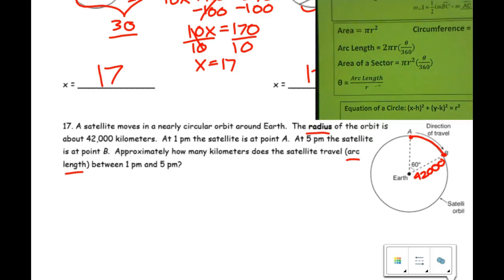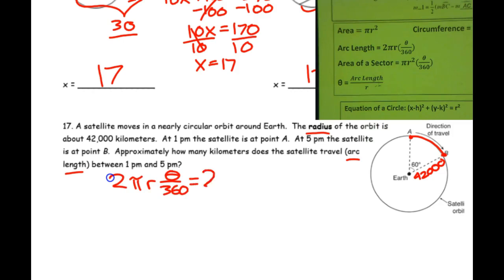So let's do that. So 2 times pi times r, which is 42,000, times theta over 360. The angle they gave us, the central angle, is 60 over 360. Let's just plug it in.